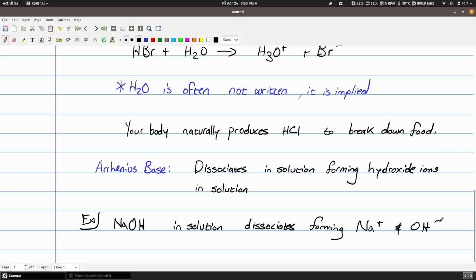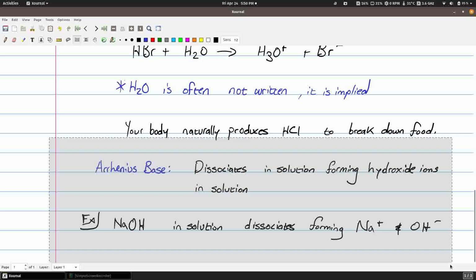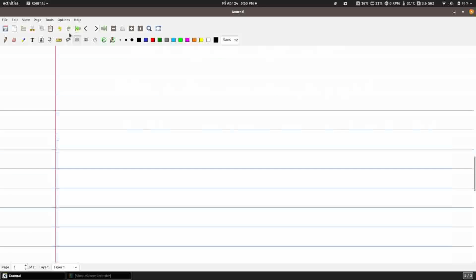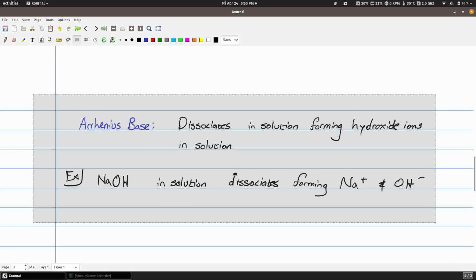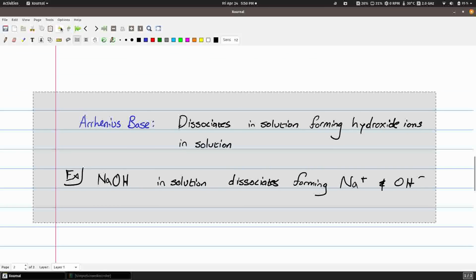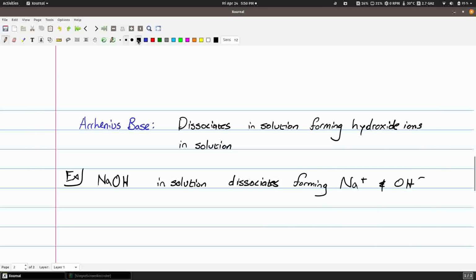Now I'm going to keep going on to the next page. So I'm going to copy this real quick. All right. If you need to go back and see everything, feel free. So anyways, in solution, sodium hydroxide dissociates, forming sodium plus 1 and hydroxide ion.